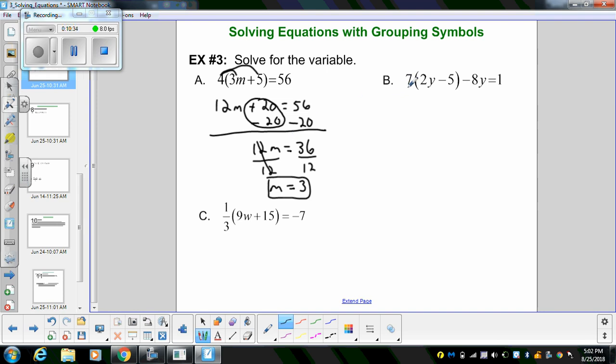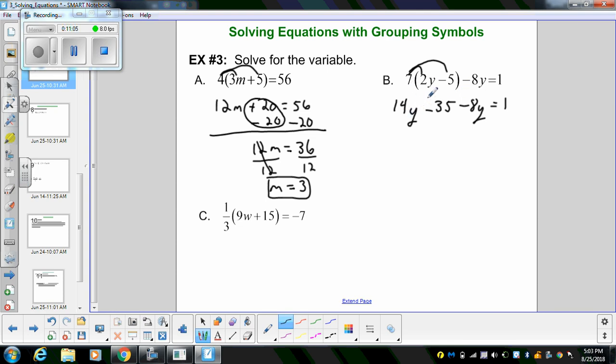Alright, so let's look at B. So again, first thing I'm going to do is distribute. I'm going to distribute the 7. So 7 times 2 is 14y minus 7 times 5, which is 35, minus 8y equals 1. Alright, this situation is a little bit different. We have like terms. We have to combine like terms first.